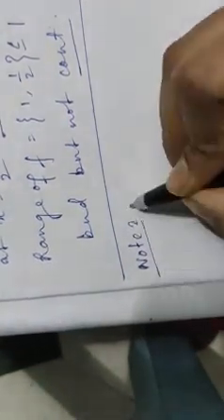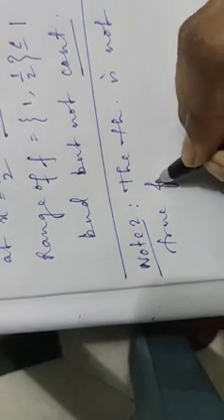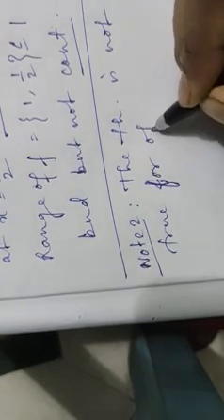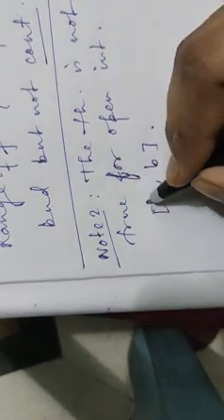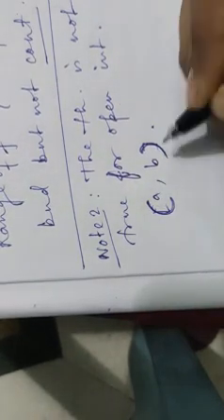Next is note 2. The theorem is not true for open intervals. That means instead of choosing a closed interval, if we choose that f is continuous on an open interval (a, b), then it might not be bounded there. For that reason we also need one counterexample.